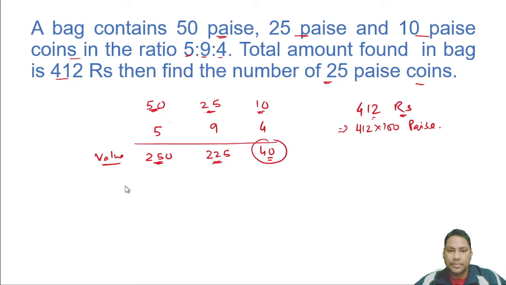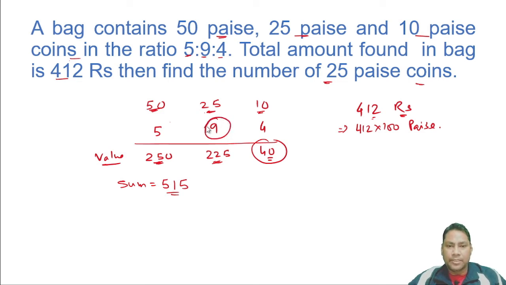Now we'll take the sum of this, that will become 515 paise. Now we'll take out the value of the 25 paise coins, that is 9 units.